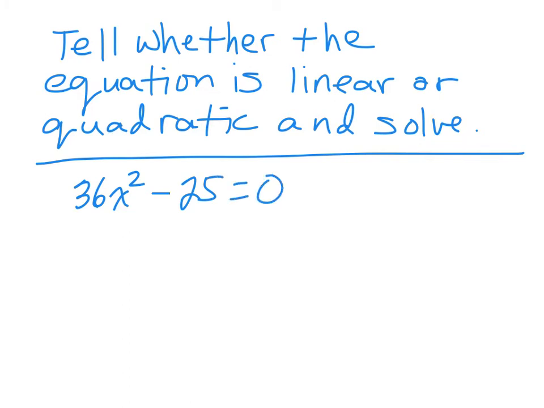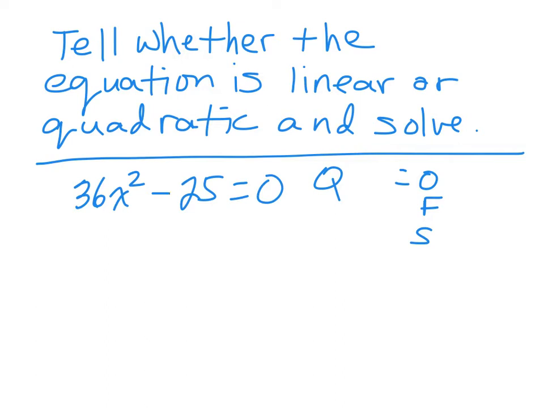Say that's your problem. Okay. So, is that linear or quadratic? All right, it's quadratic, so just stick your Q out here, and then solve it as a quadratic, which means set it equal to 0, then factor, then solve. Okay, well, it's already got the 0.